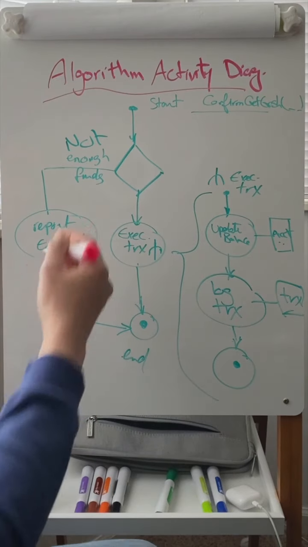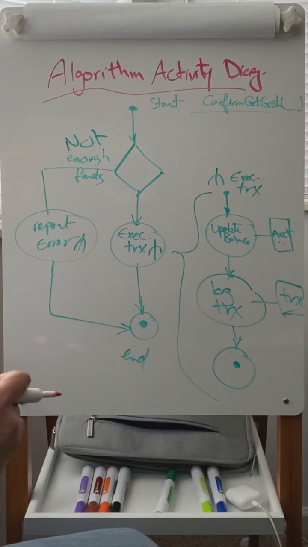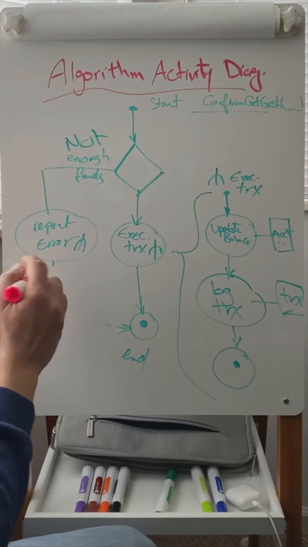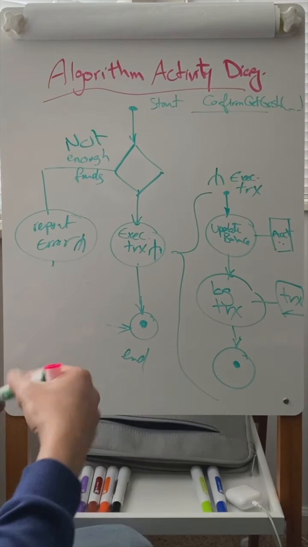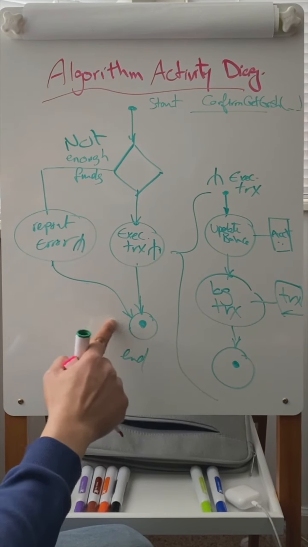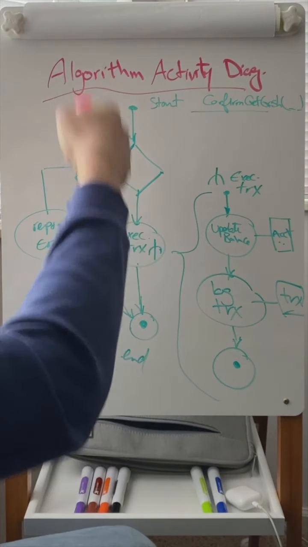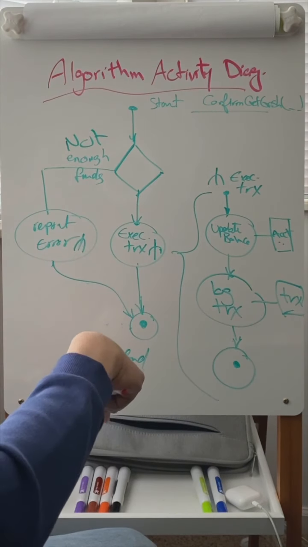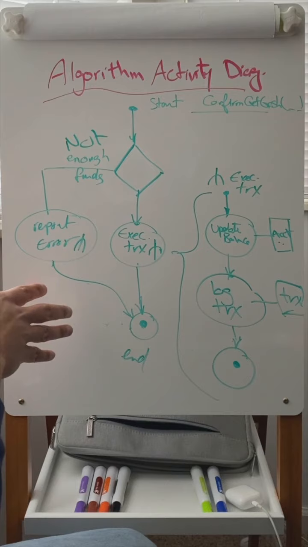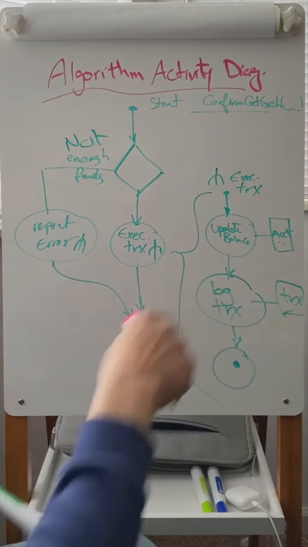So let's say I want to break this down. Just do a space here. You notice that usually actions go north to south, in order. When we start communicating with data, we go sideways, left to right.